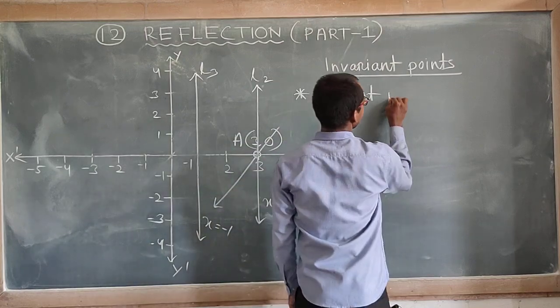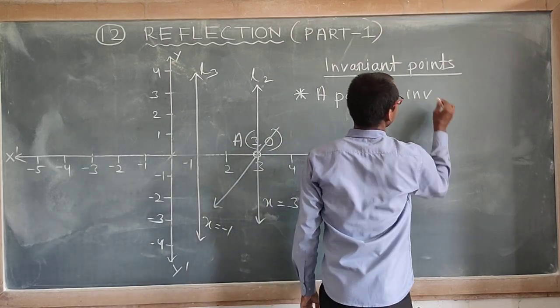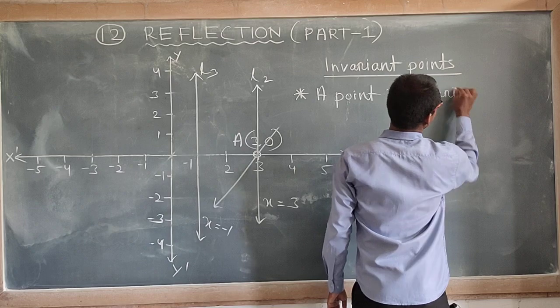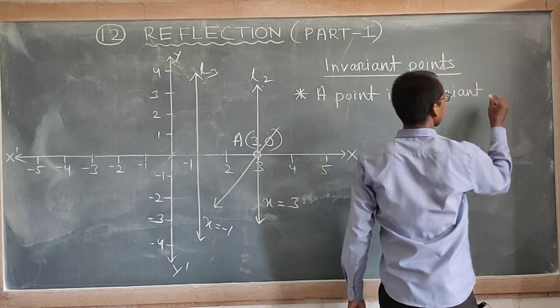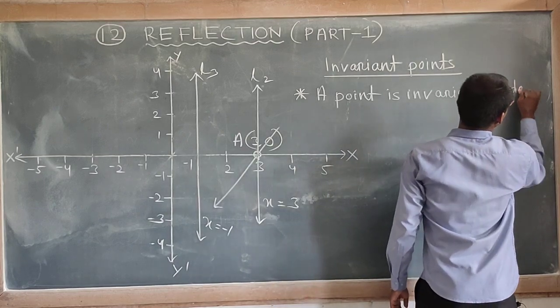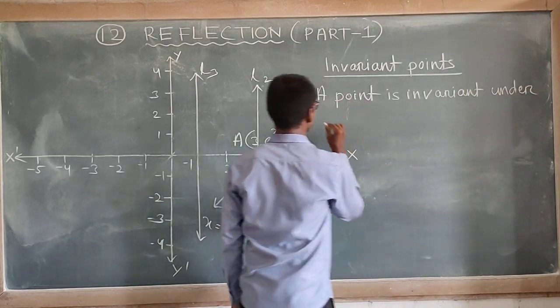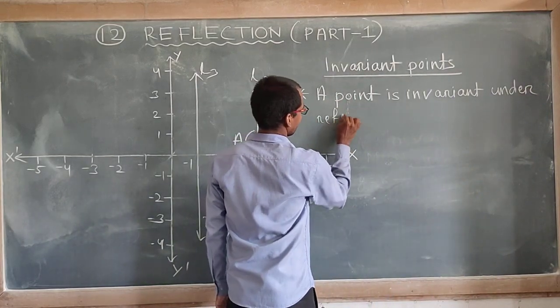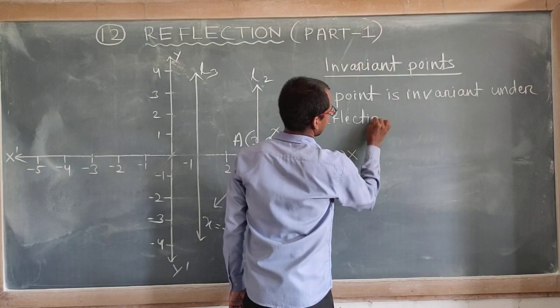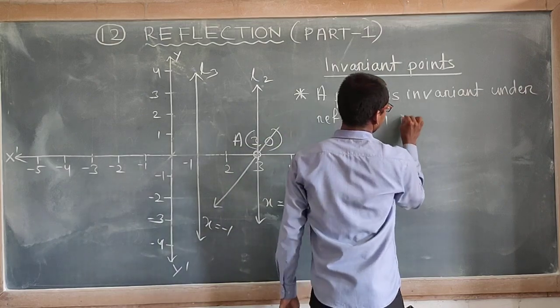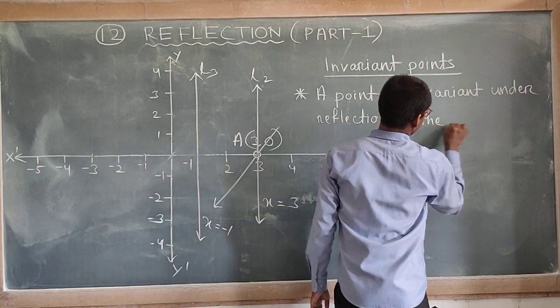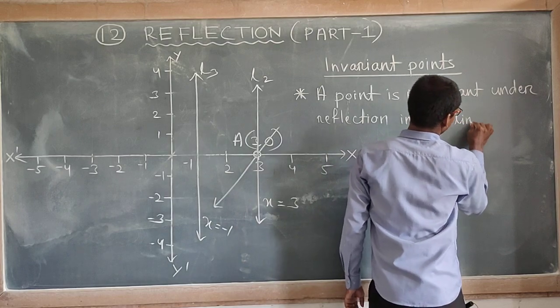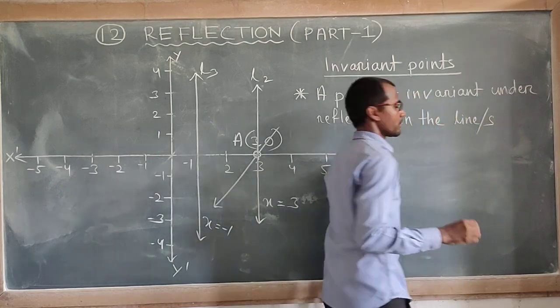A point is invariant under reflection in the line or lines.